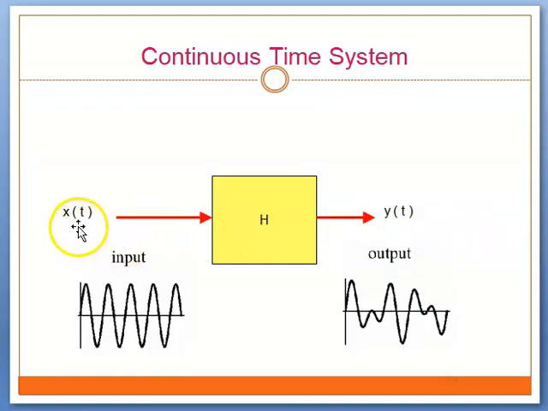Moreover, you have an incoming signal x(t) for continuous time. Here a continuous signal goes into a system H, and it will produce an output which is still in continuous time. So that's why you have y(t) here.